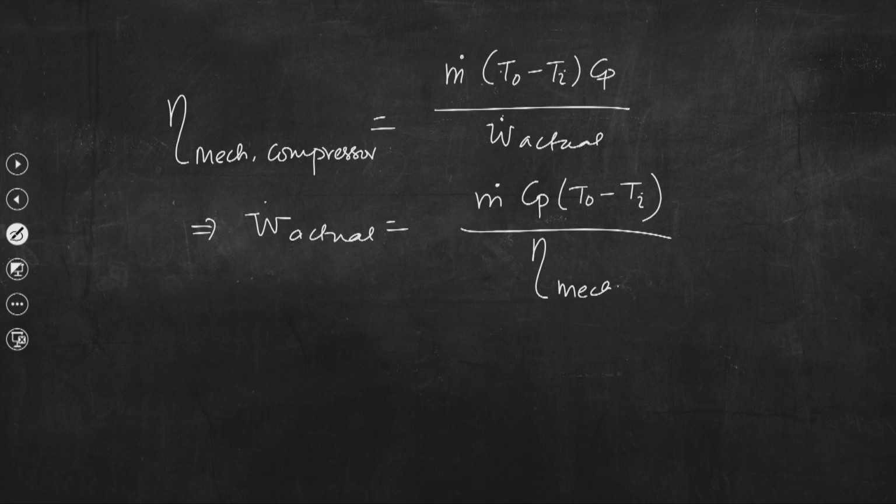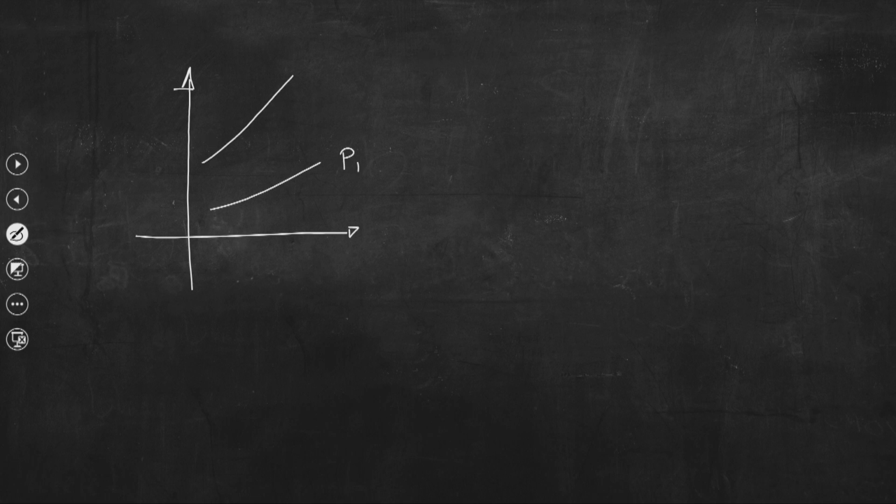right. Now, the question is, to close this equation, essentially we need to know the rise in temperature, that is, what is T naught minus Ti. So, for that let us consider the compression of the air. If we consider these two pressures, this is Pi, this is P naught.